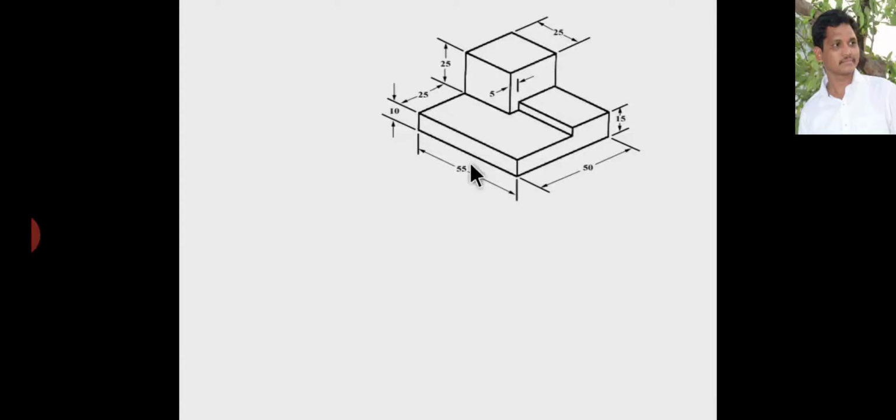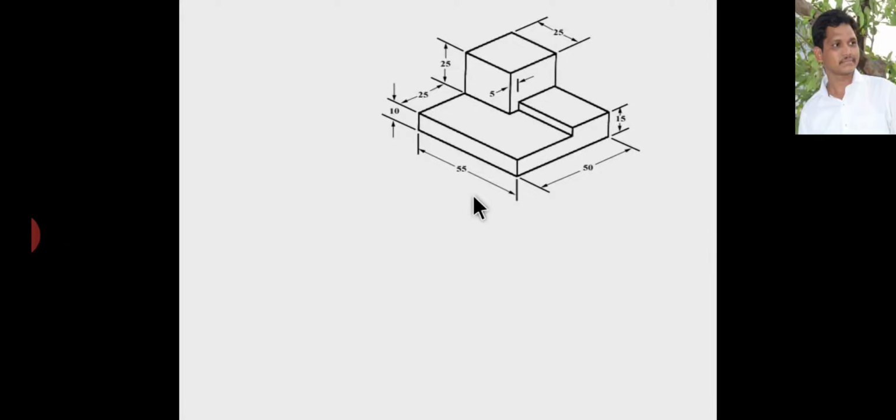Okay, for example, if we want to draw this figure on drawing sheet, here the maximum length of the drawing is 55 and 50, so it is very small dimension, so you can easily draw on drawing sheet.